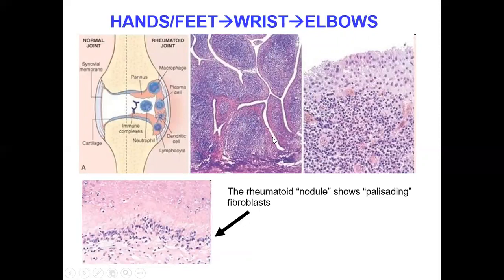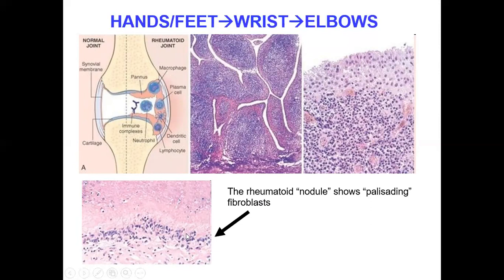The synovium is hyperplastic, thrown into small villus-like structures, finger-like projections. Then there are lymphoid aggregates containing lymphocytes and plasma cells. The capillaries are congested. This is pannus.